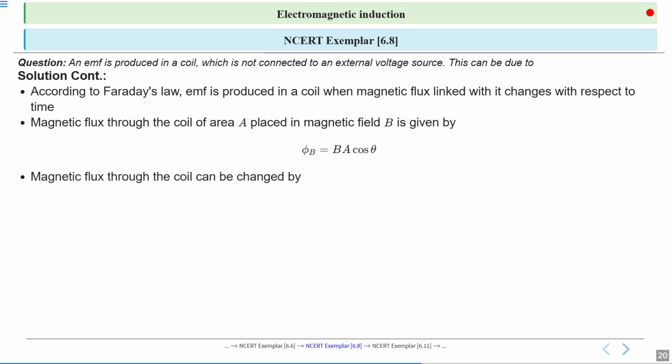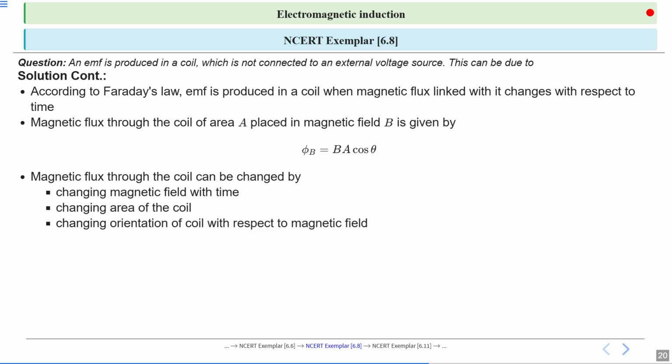So the magnetic flux through the coil can be changed by changing the magnetic field with time, changing the area of the coil, or changing the orientation of the coil with respect to the magnetic field. So by changing B, A and theta, we can change the magnetic flux through the coil and we can induce the EMF in the coil.